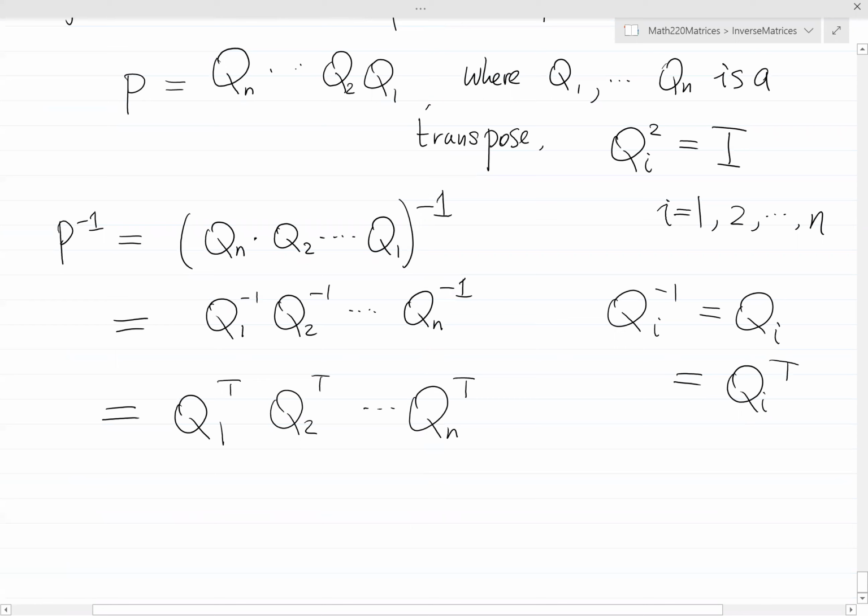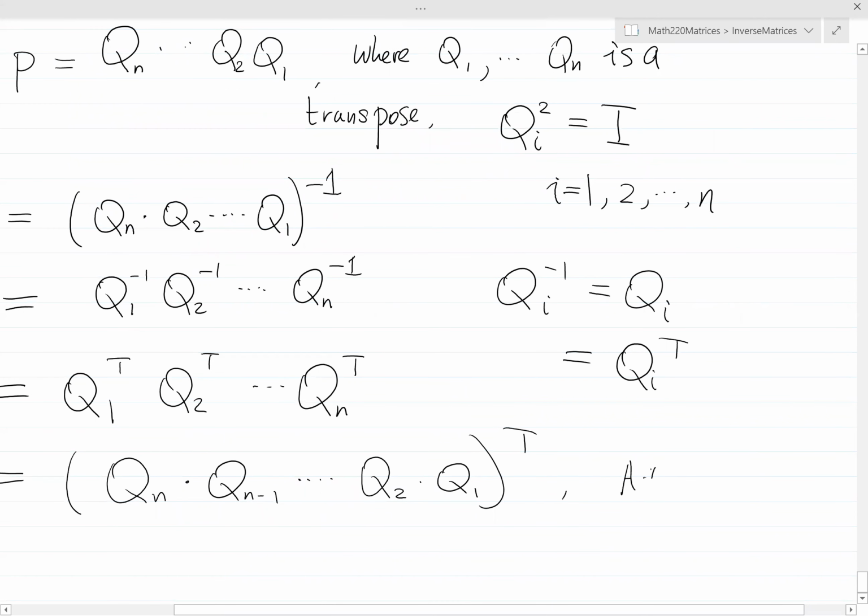And then remember, for the transpose of a product, we need to switch the order backwards. So we get Qn times Q1, Qn minus 1, Q2 times Q1 transpose. We use the fact that (AB) transpose equals B transpose A transpose.